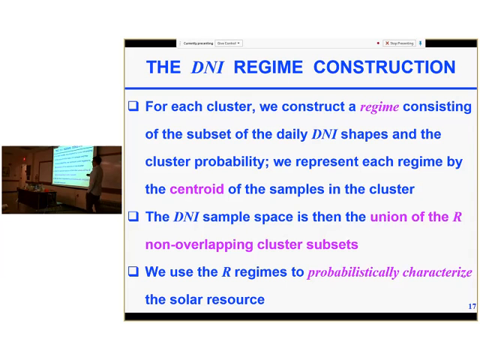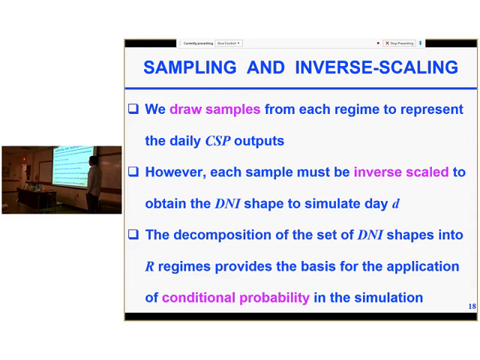So we use the R regimes to probabilistically characterize the solar resources in our simulation. In each regime, we can draw samples to simulate the daily CSP outputs. But we should remember we did scaling first. We have to inverse scale to the actual sunrise and sunset of day D for the simulation.